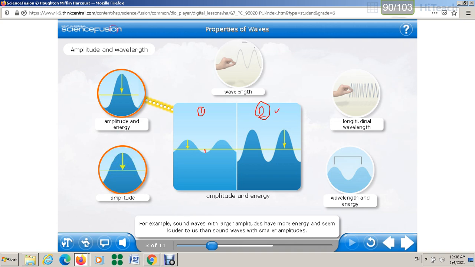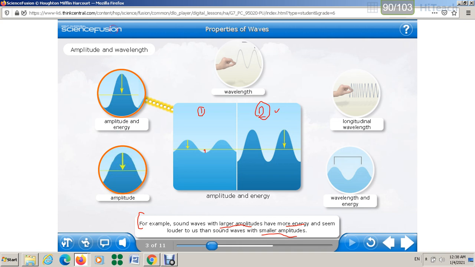For example, a sound wave with large amplitude has more energy and seems louder to us than a sound wave with a smaller amplitude. Okay, this example is important, and you have to know by looking at this, and maybe I'll give you numbers to tell which one has a greater or lesser amplitude.